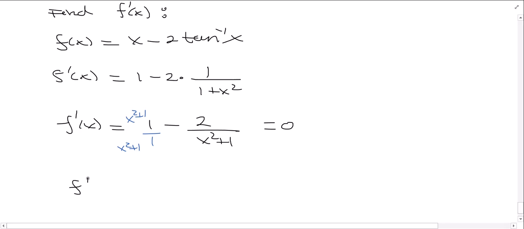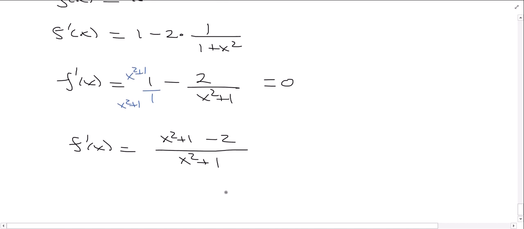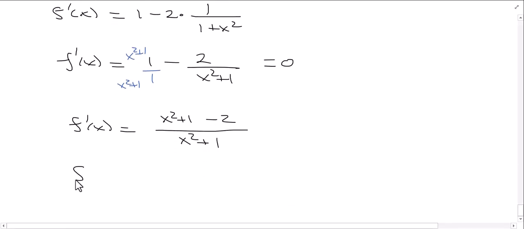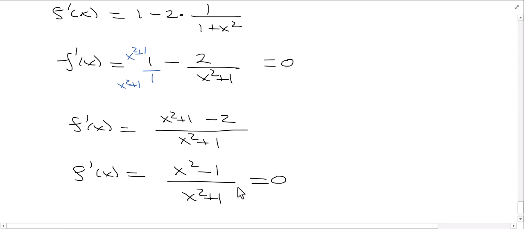So my derivative f prime becomes x squared plus 1 minus 2 over the common denominator of x squared plus 1, and simplify that. So I'm going to have x squared minus 1 in the numerator over x squared plus 1. Again, be careful, don't cancel that. That is not algebraically correct. Now set that equal to 0.